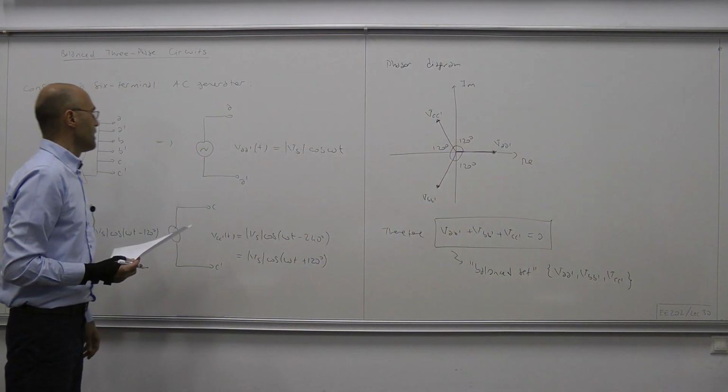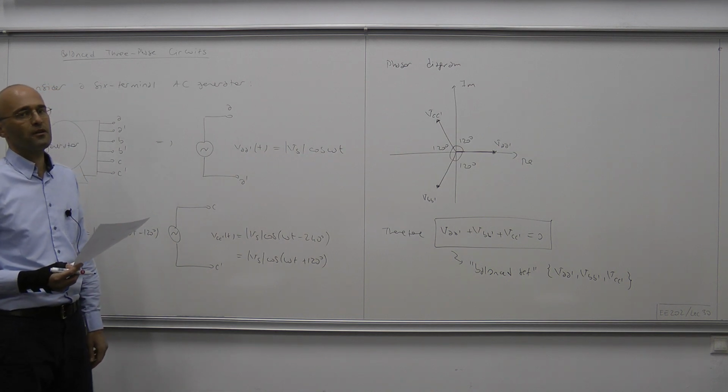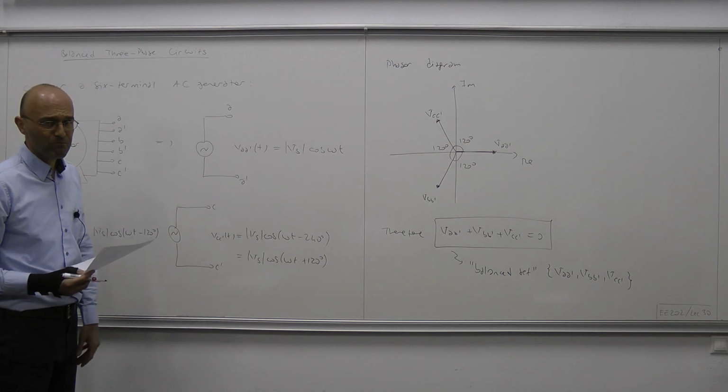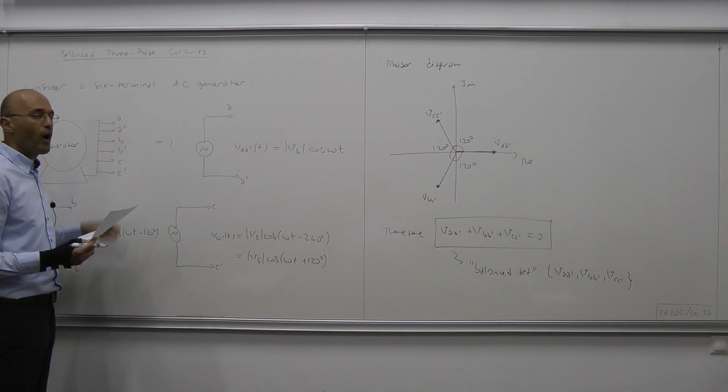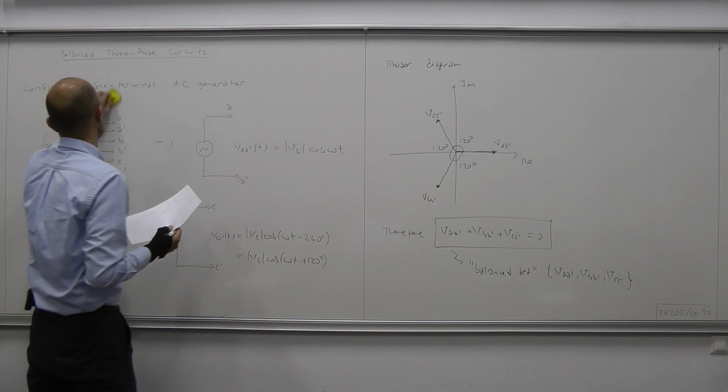Okay, now this 6-terminal device can be reduced into a 4-terminal one by connecting the primed terminals into a single node. So let's do that.